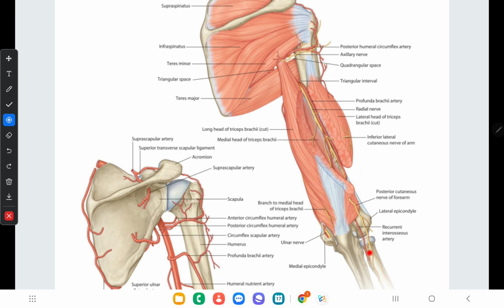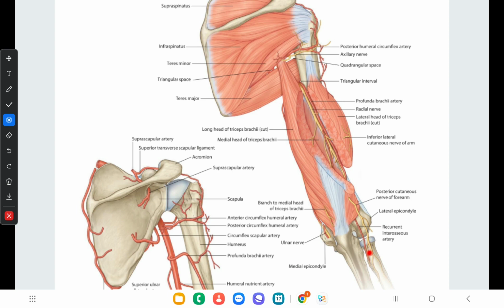I told you earlier, in the axillary region it gives off 3 branches: to the long head of the triceps brachii, to the medial head of the triceps brachii, and a cutaneous branch to the posterior compartment of the arm. There are 5 branches when it is in the spiral groove.